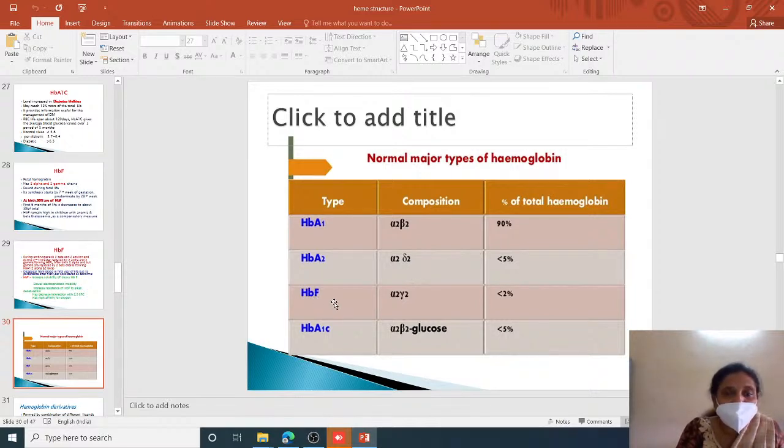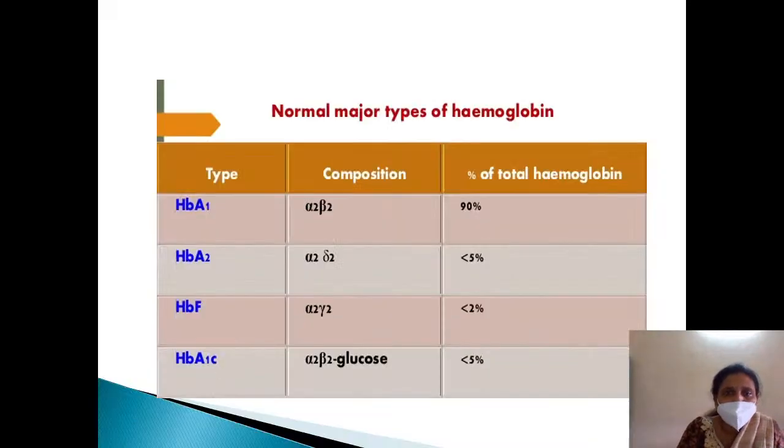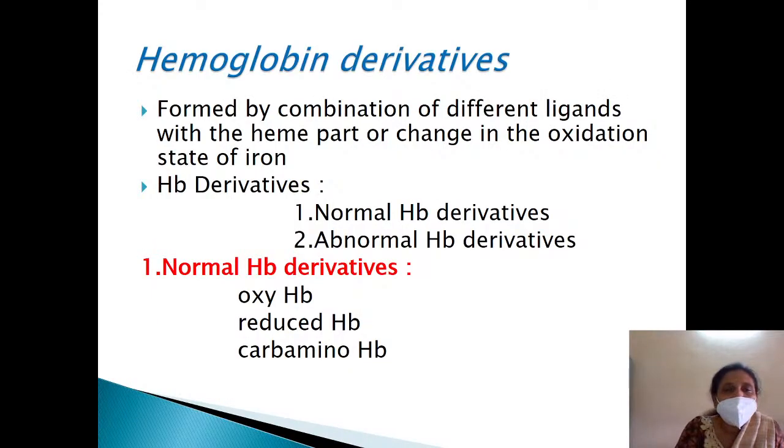HbF is fetal hemoglobin, composed of 2 alpha and 2 gamma. Its concentration should be less than 2% of the total hemoglobin. The other one is glycosylated hemoglobin, that is HbA1c, composed of 2 alpha, 2 beta along with glucose. Its concentration in a healthy person should be less than 5%. That's it about the types of hemoglobins.